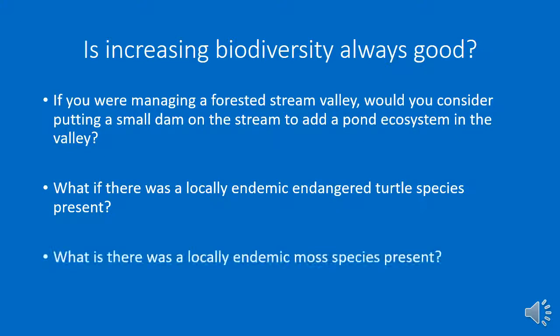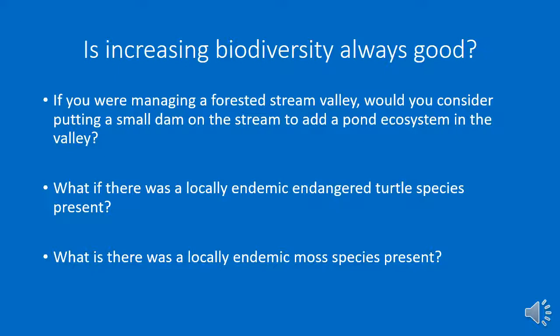Okay, now what if there's a locally endemic species of moss present? So moss is the little green stuff in the woods growing on rocks and trees, and maybe it likes to grow on the rocks in the creek or on the side of the stream, or these things could change our idea of if increasing biodiversity is always good.